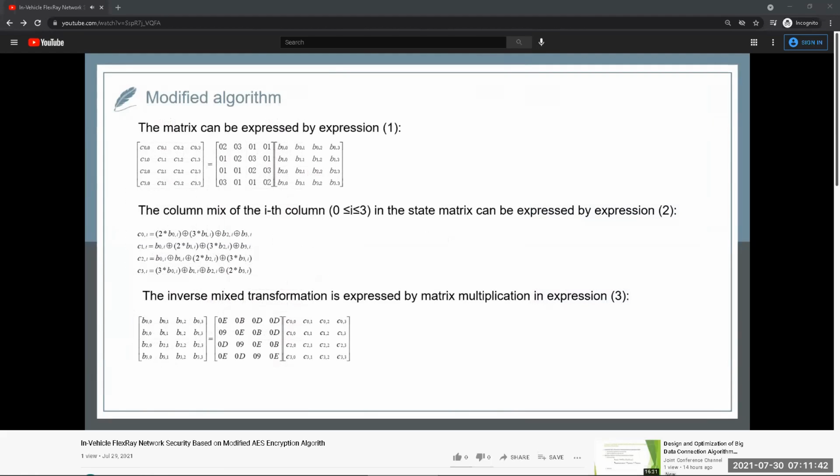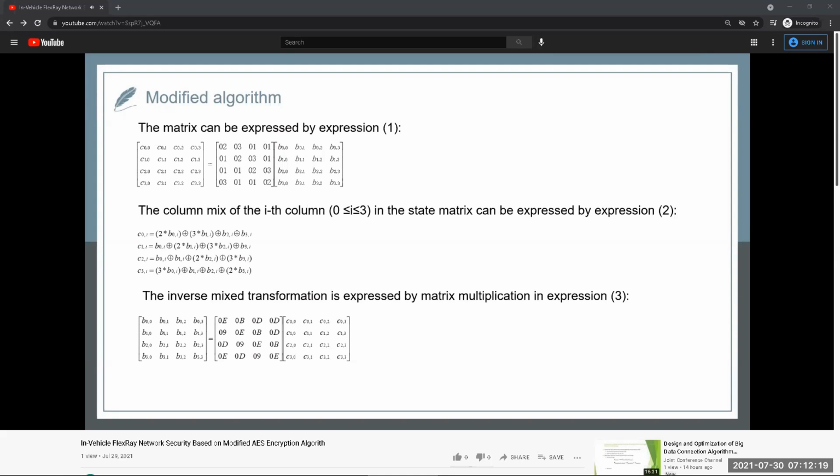This paper proposed the modified AES algorithm. In order to improve the encryption efficiency, the column mixing transformation is to multiply the matrix after the previous transformation with a constant matrix, so that each element in the matrix is the weighted sum of all the elements in the original column.